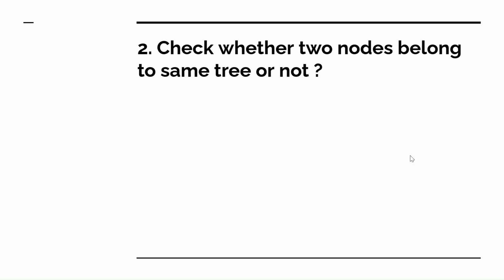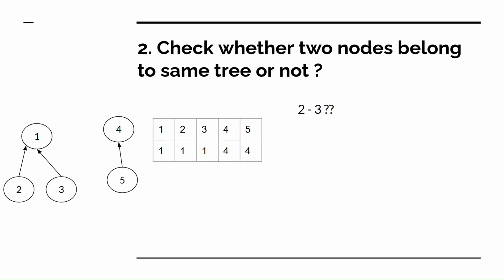Next, what do we mean by checking whether two nodes belong to the same tree or not? Suppose you want to check whether 2 and 3 belong to the same tree. Both belong to the same tree, and if we start traveling from 2 and 3 across their parents, we are definitely going to meet at a node.